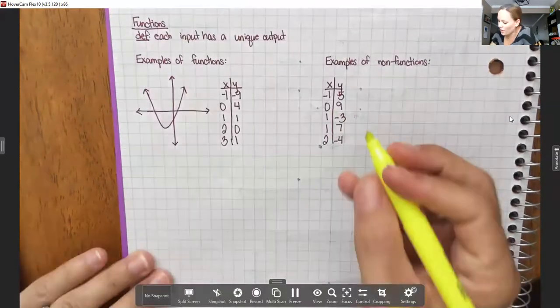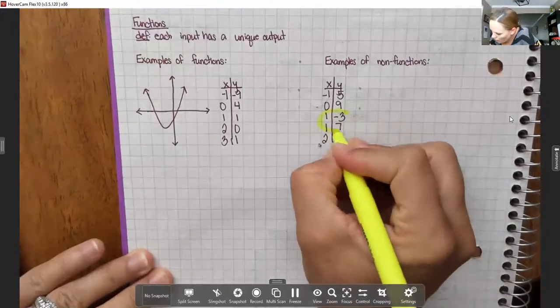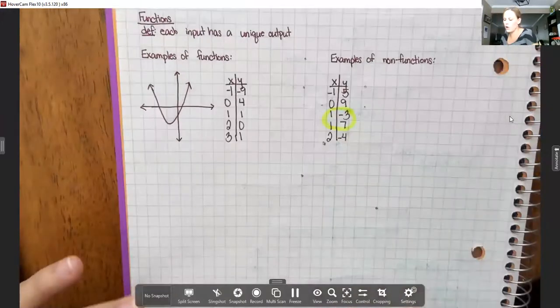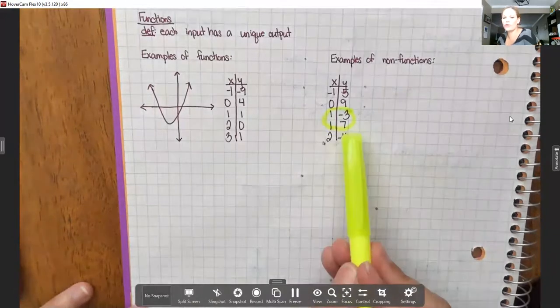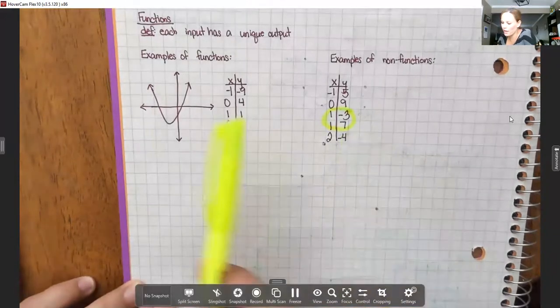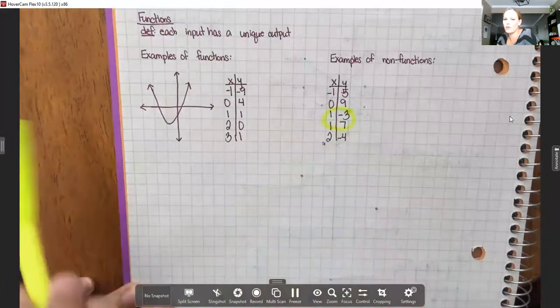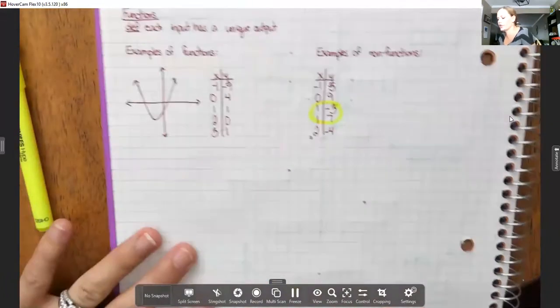The reason being here, let's circle those 2 points. When x is 1, I have 2 different outputs. So again, each input, each x has to have a unique output. So this wouldn't be a function.